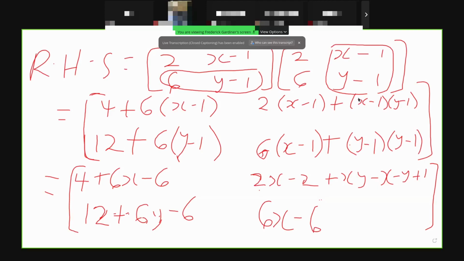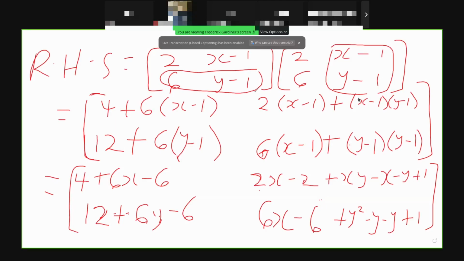Then on the other side, we are going to get plus y squared, minus y, and another minus y plus 1. Do you agree? Yes. So what we are going to do is to simplify that.